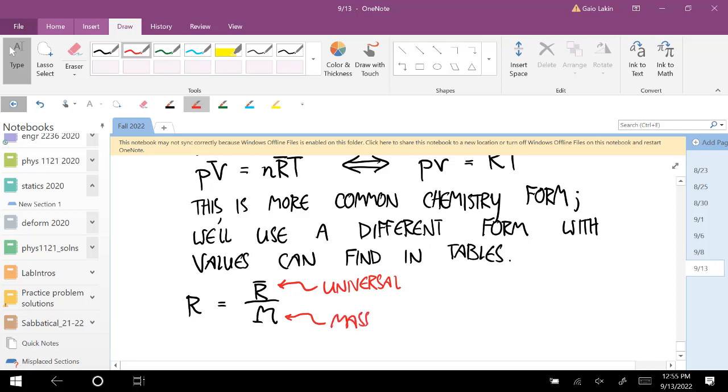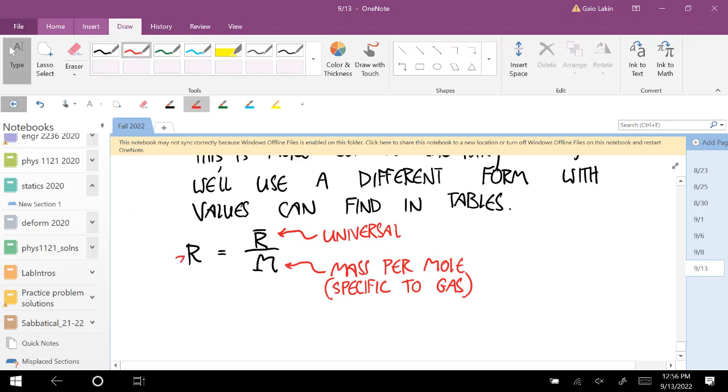The molar mass is the mass per mole, and notice that that's specific to whatever gas you're looking at. That means that this R that we're going to use as the gas constant is also specific to one gas. So if you're doing a calculation with oxygen, it's different than a calculation with nitrogen. You have to look that value up.